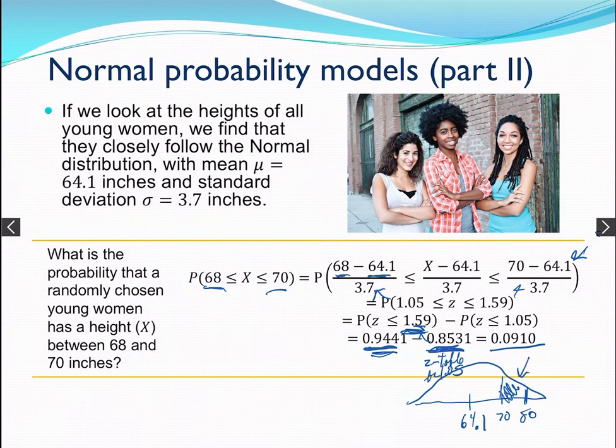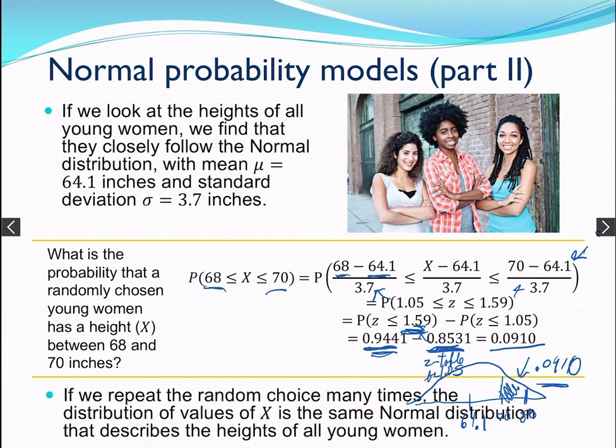So that's the area in this sliver, 0.0910. So that has a 0.091 probability of occurring. If we repeat this random choice many times, the description of values of x is the same normal distribution that describes the heights of all young women.